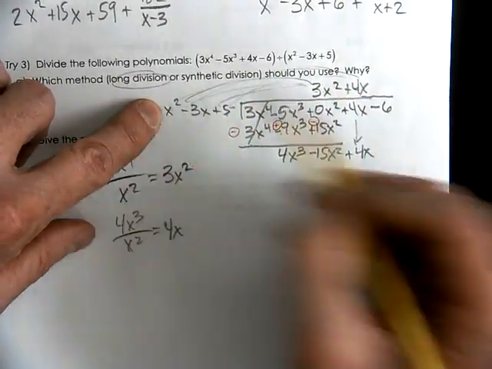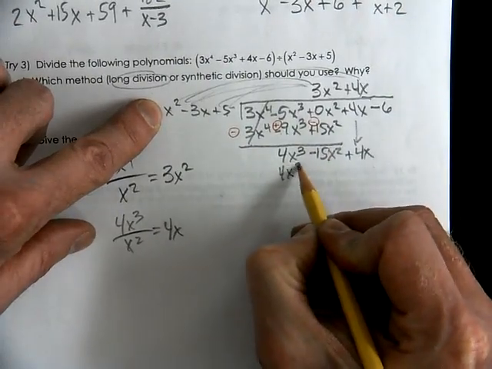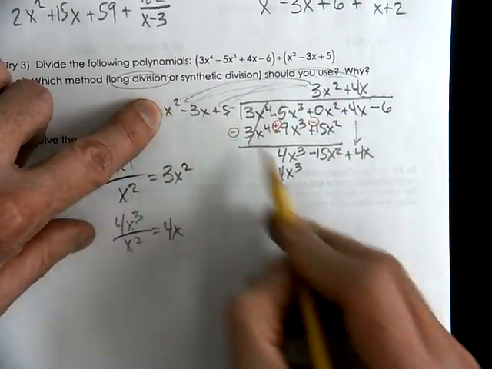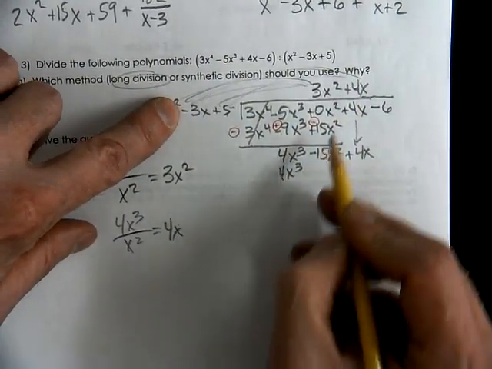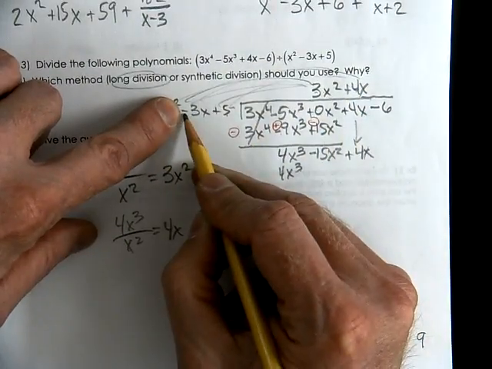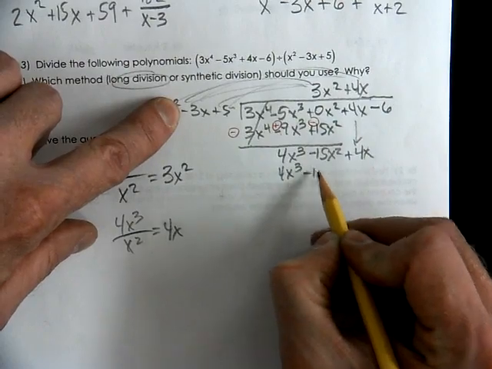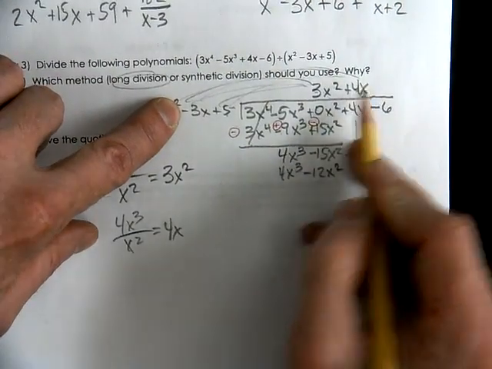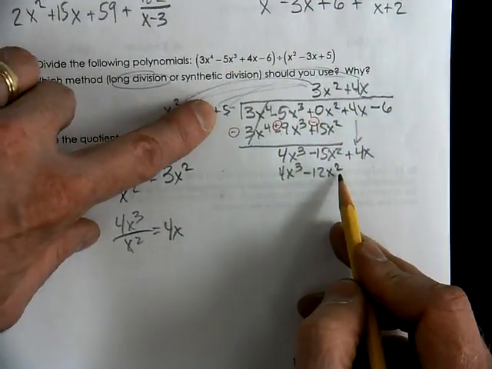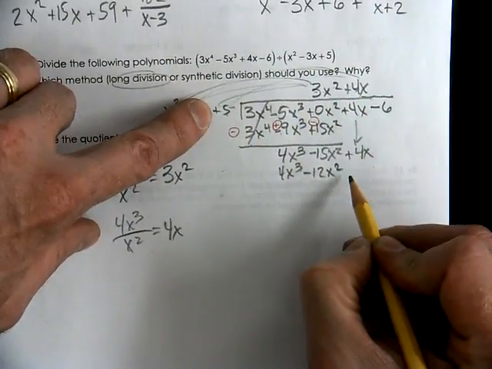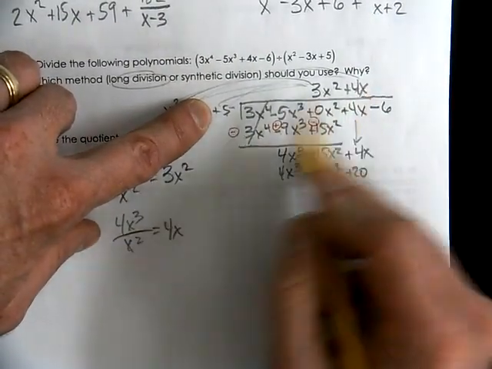So 4x times x squared, you get 4x cubed because 1 plus 2 is 3. 4x times negative 3x, 4 times 3 is 12, negative 12x squared, x and x is x squared. 4 and 5 is 20x.